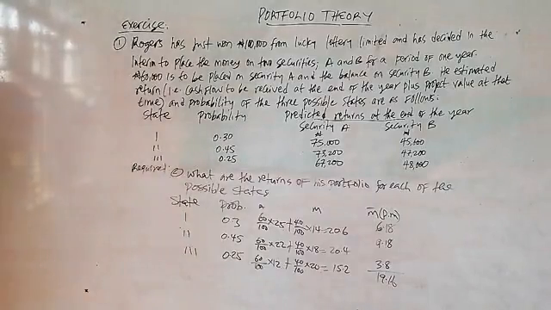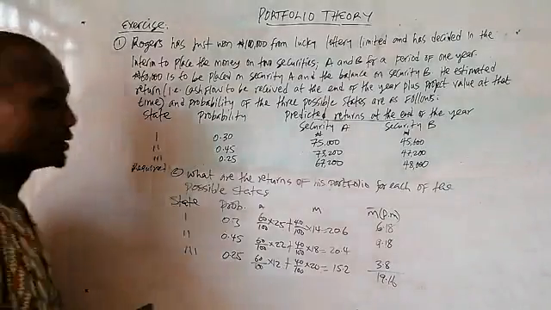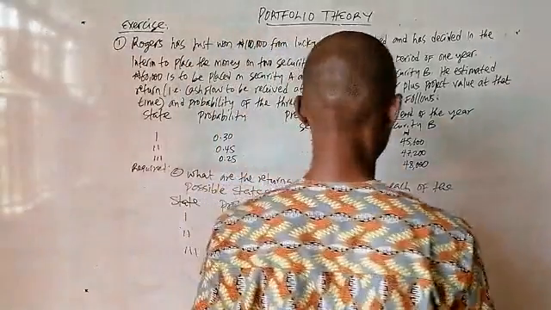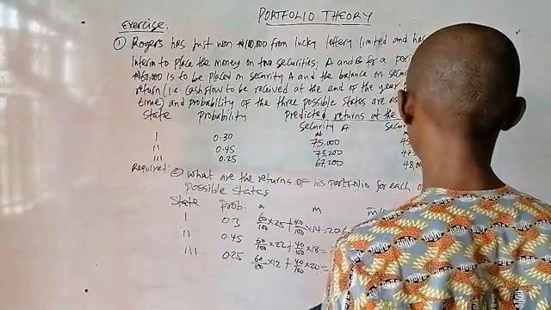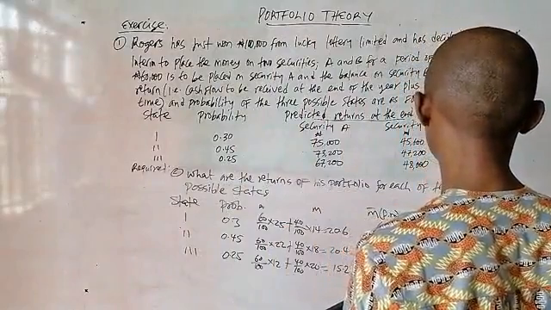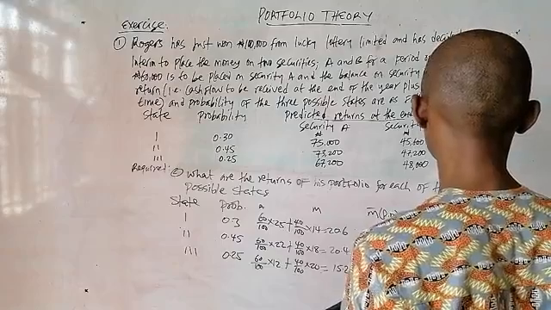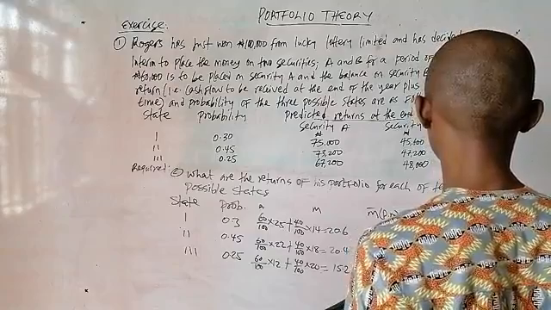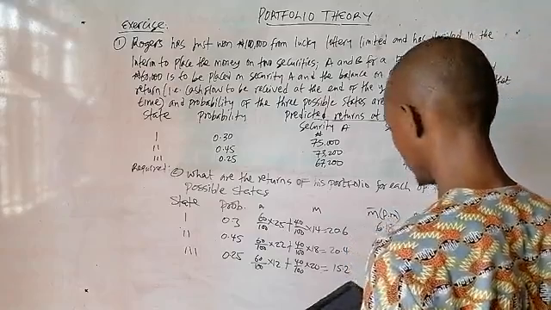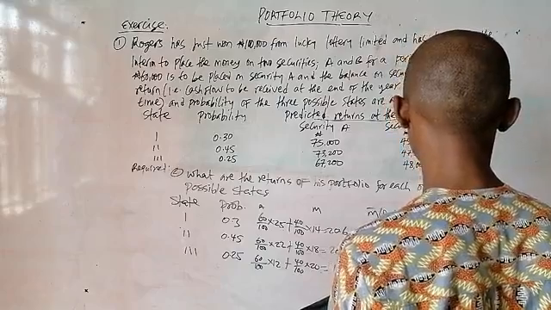We can also move further to compute our variance. That is the probability times the return minus the mean, squared.